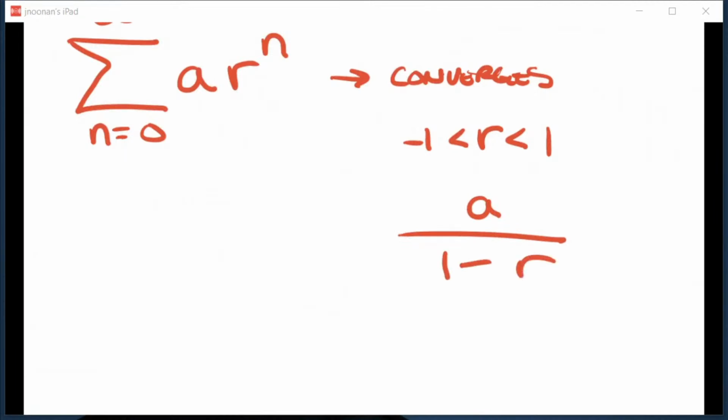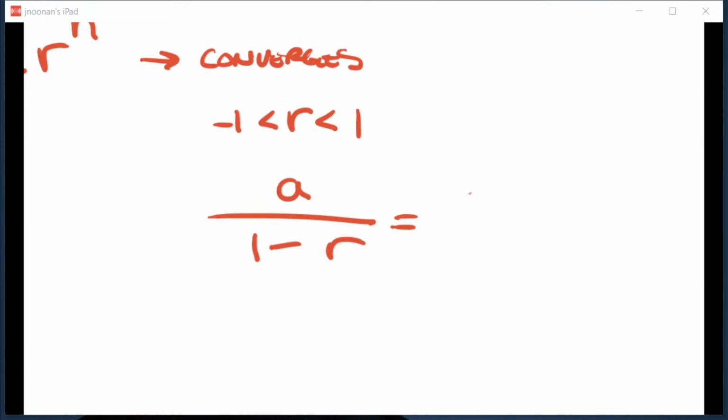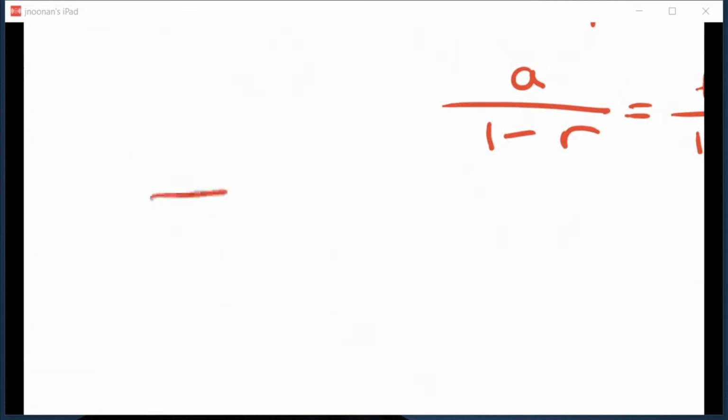Now I know that this formula only works if you start at 0, and so because of that, I like to think of it this way: it's the first term over 1 minus r. Just so that if you start at some other number, for example, let me do a quick example. These are all reminders, hopefully.